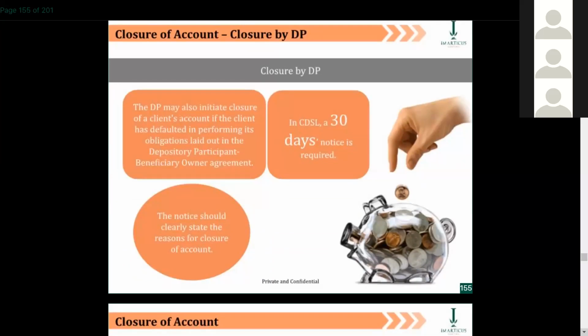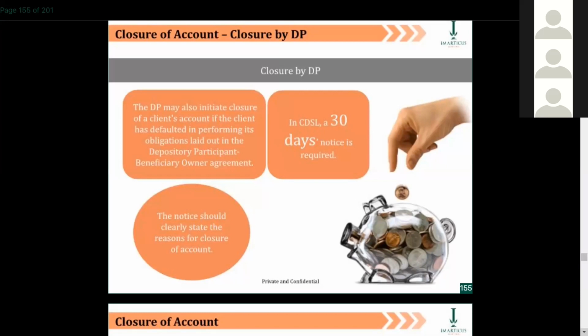Also, the depository participant can initiate the closure if the customer has not complied with certain requirements. The depository participant can close the account. However, he'll have to give a 30 days notice before this closure. Similar to bank account closure, the bank can also close the account when a request is received from the customer.